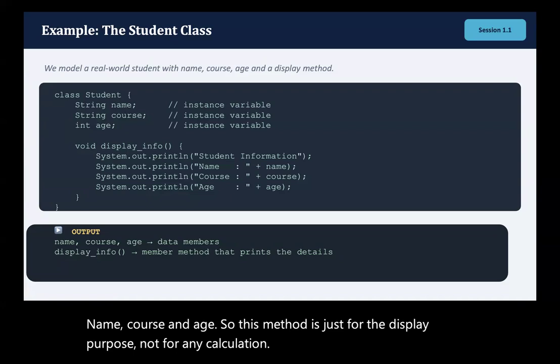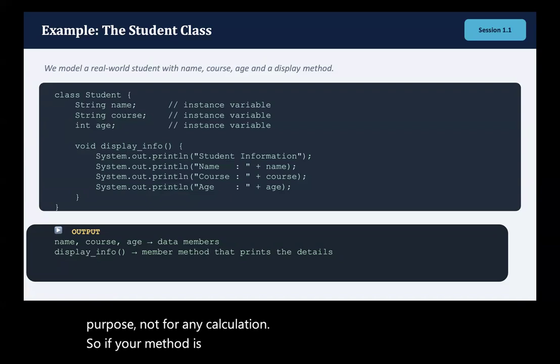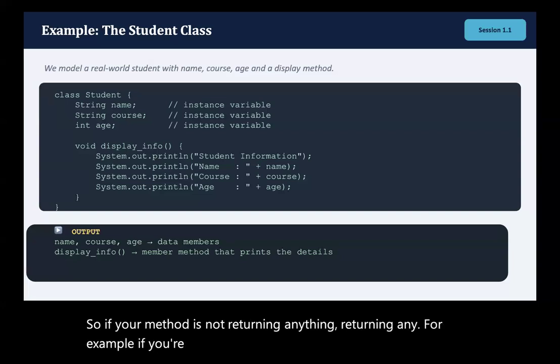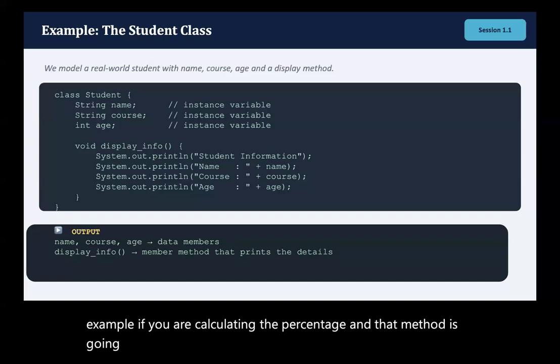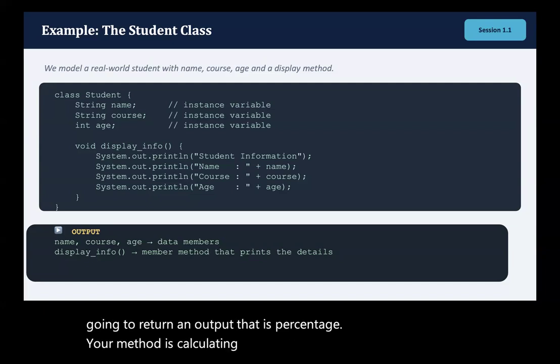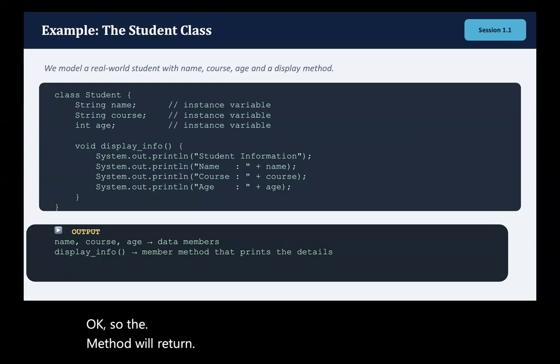If your method is returning something, for example, if you are calculating the percentage, that method is going to return an output, that is the percentage. So the method will return the percentage.